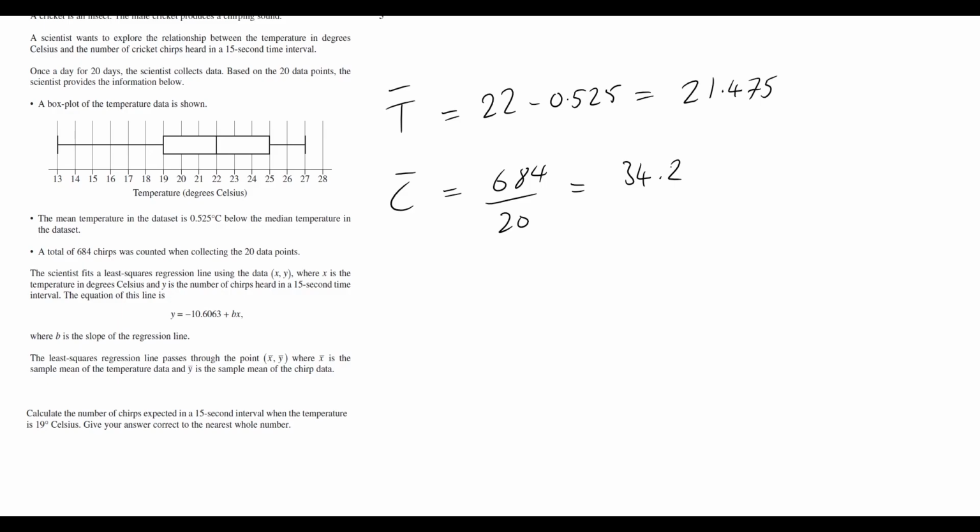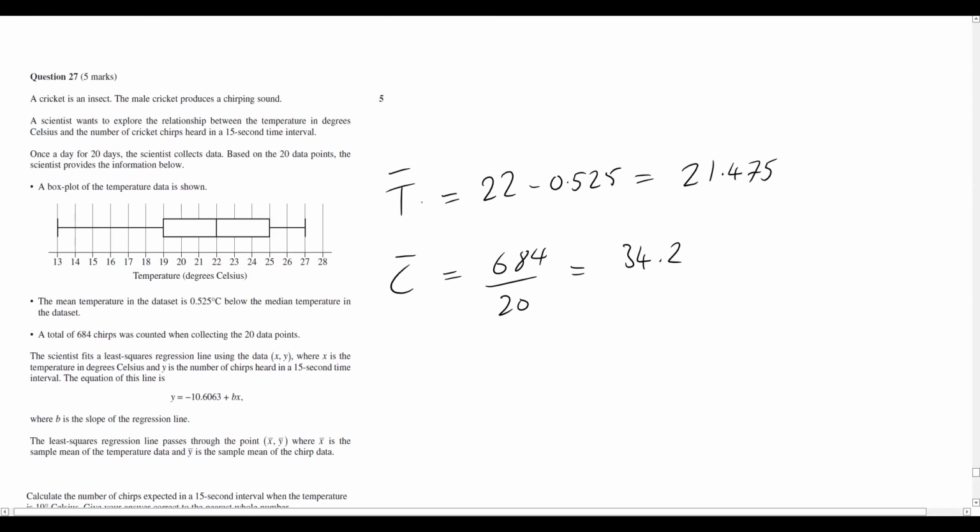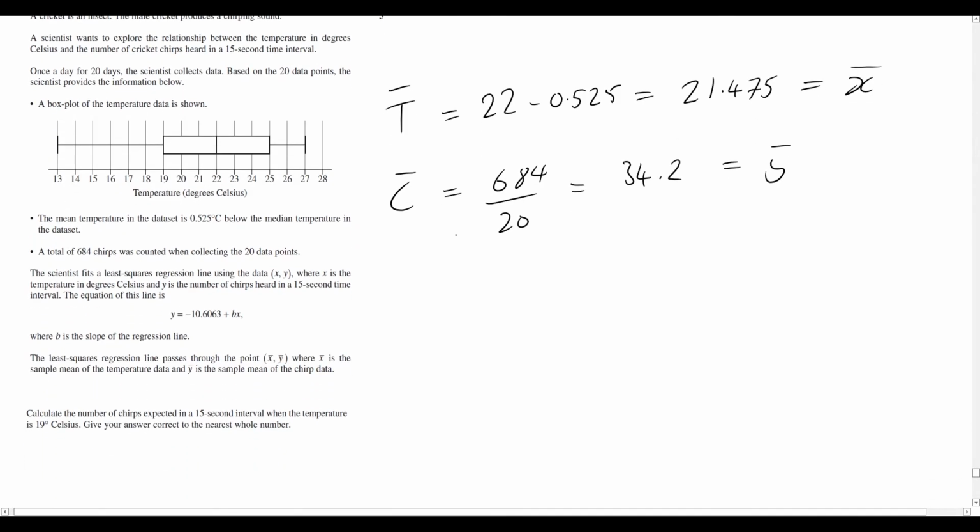So real quick, instead of writing T average and C average, we'll write the x average and the y average, since they've told us that x is temperature and y is the number of chirps. The least squares regression line passes through the point (x average, y average), where x average is the sample mean of the temperature data and y average is the sample mean of the chirp data. We've already calculated those two, so we should be in a pretty good spot to solve this problem now.